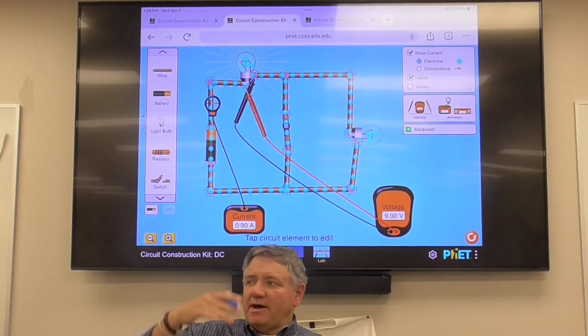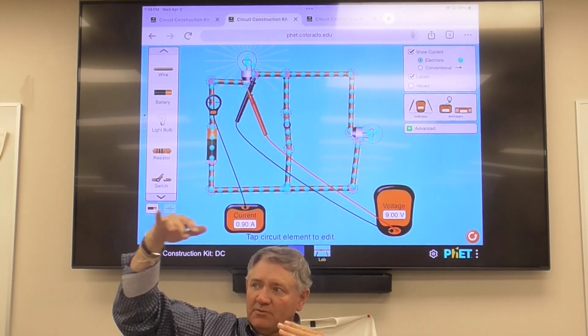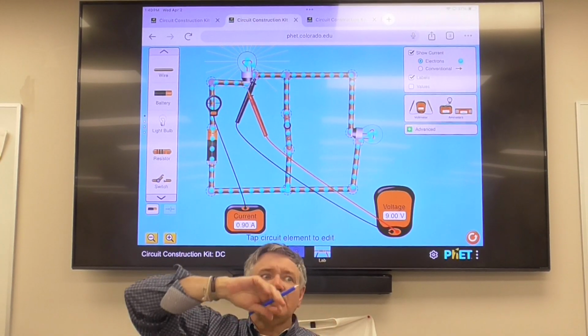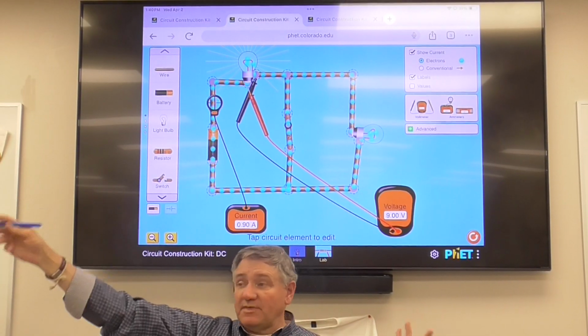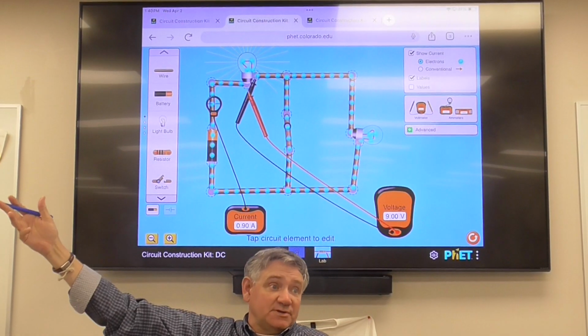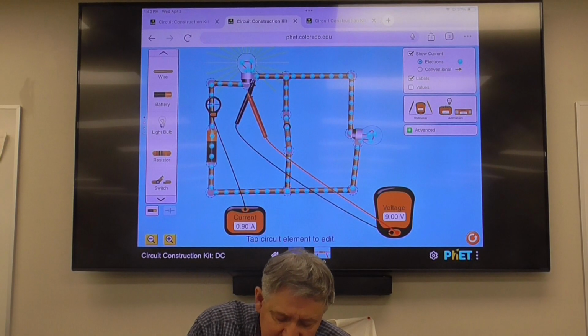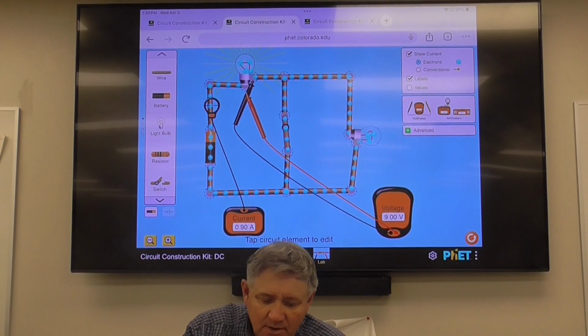One battery, so whatever the voltage of the battery is, that's going to be the voltage drop across the resistor, the bulb, because it's the only place for it. Okay? So, let's talk about what's going to happen when I open up that switch.